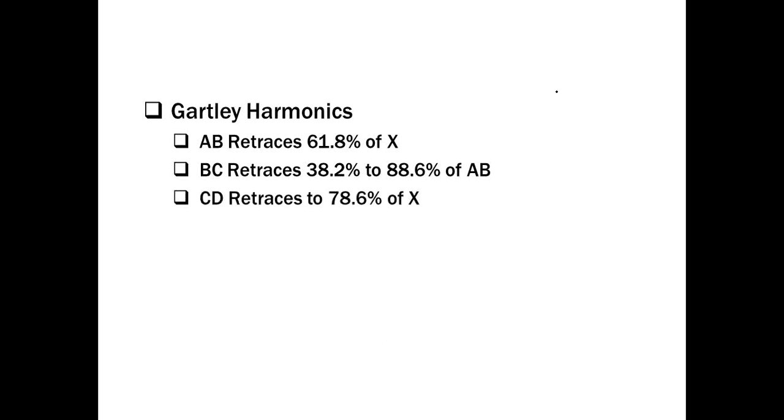So the Gartley harmonics look like this. When you are drawing your Fibonacci levels, and I'll go in and show you live on a chart what this looks like, there's a certain set of rules that have to be met in order for it to be considered a valid harmonic Gartley pattern, if you will.